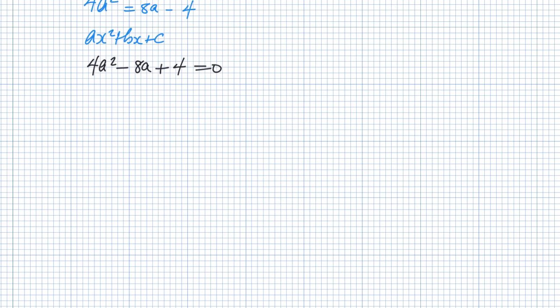Now, apply the use of your discriminant, and then all you do is substitute the values in. So your b is going to be that minus 8 there. So that becomes minus 8 all squared minus 4 times a times c. There we go.